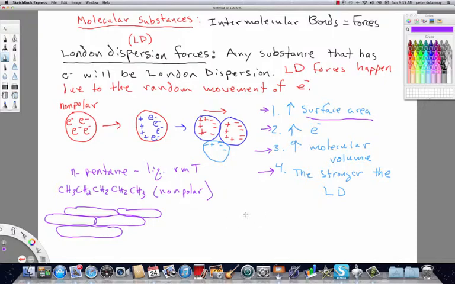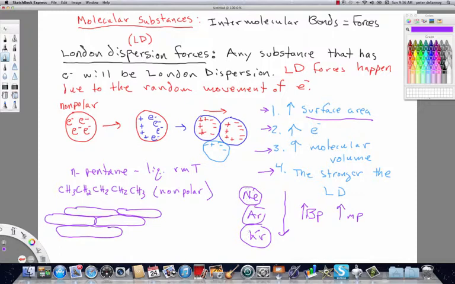Another example, very quickly, let's look at the noble gases. If we start with neon, then go to argon, and then krypton, let's talk about these for a minute. As we move down the group, the boiling point of these gases, which are normally gases at room temperature, and the melting point of these substances increases.